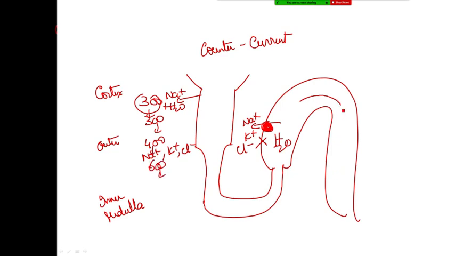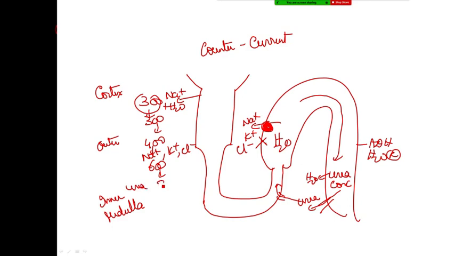And by the time the fluid reached here, ADH caused water reabsorption, due to which urea got concentrated, which created a gradient for urea, from high concentration to low concentration. And in order to prevent it from getting washed away by water, it again moved from high to low and re-entered the tubular fluid and kept getting recycled, due to which the urea concentration was maintained, which increased the osmolarity further.